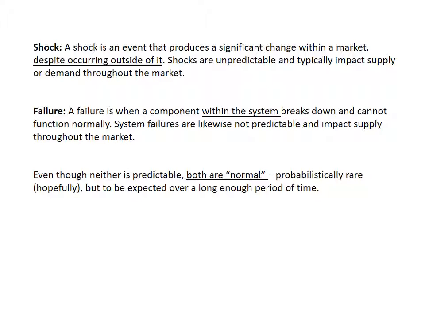Now, in both cases, they're hard to predict, right? And that doesn't mean they're unexpected. Given a long enough planning horizon or simulation period, we do expect to see shocks and failures, and so we have to incorporate the likelihood that we encounter these extreme events when we're not only designing systems in terms of making choices about infrastructure, but also in how we operate systems dynamically.